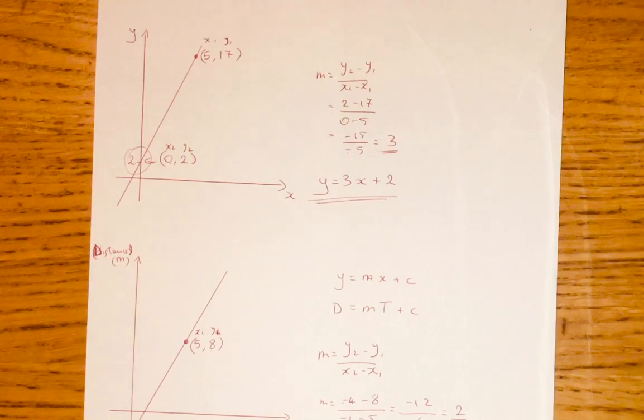Now, expand the bracket on the left hand side. So y minus 8 is equal to 2 times x, which is 2x, 2 times minus 5 is minus 10. Add 8 to both sides, and you will end up with y is equal to 2x minus 2.